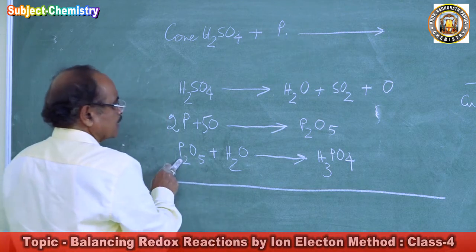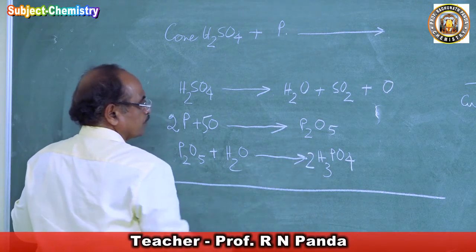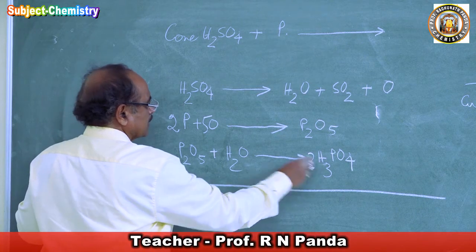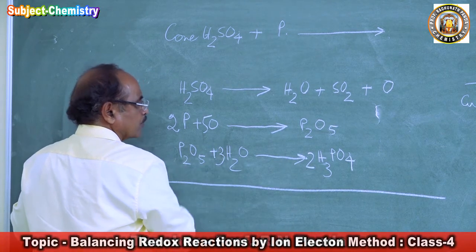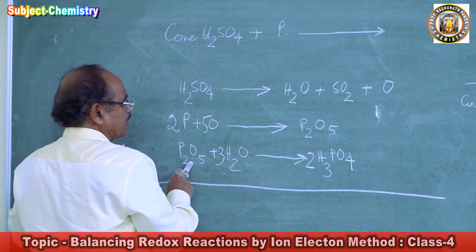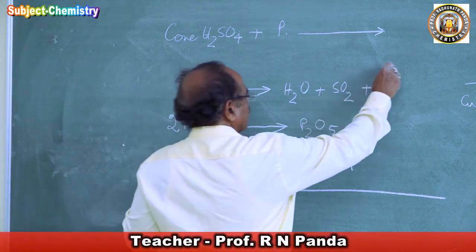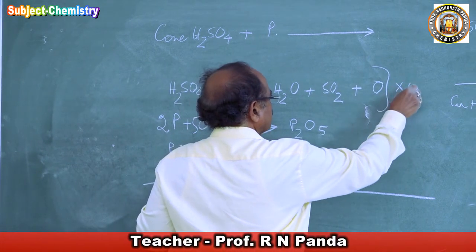How many phosphorus on this side? 2 phosphorus, so we multiply this by 2. How many hydrogen? 6 hydrogen, so we will multiply by 3. It is balanced. Now that means we want 1 P2O5, so we have to multiply the other equation by 5.